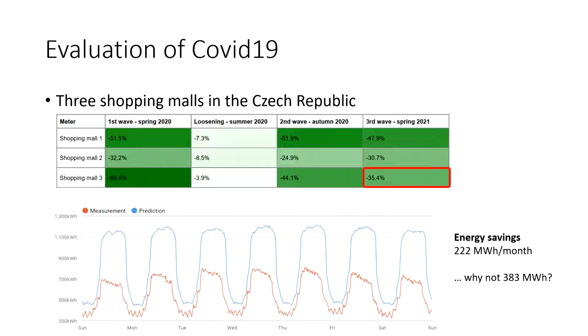You have about 160 megawatt hours per month difference in energy savings that they were able to achieve in spring 2020 and in spring 21. So definitely there was some energy savings potential that was not exploited in 21.